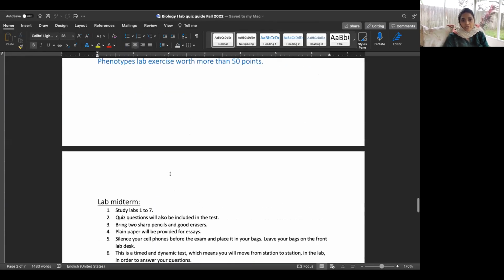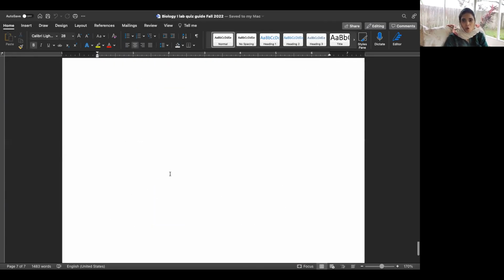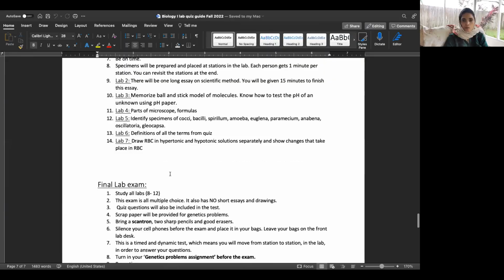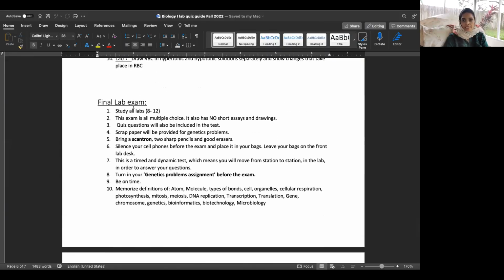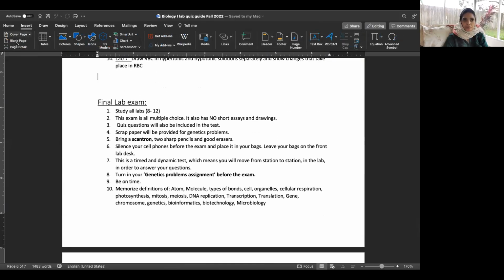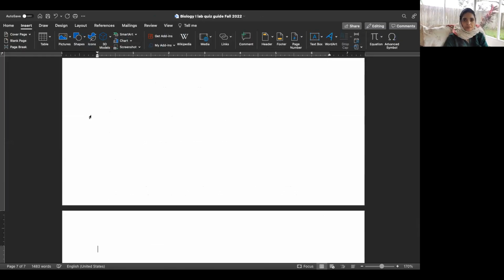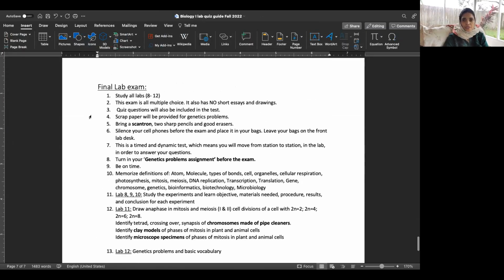This is the lab guide. If you look at the last page, you will see this: labs 8 to 12.